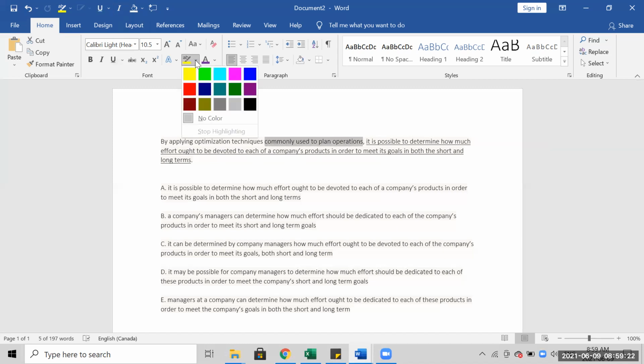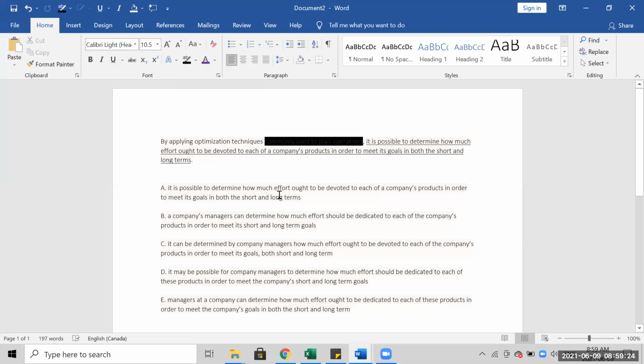So this is a modifier. It is possible by applying this to determine how much effort. Where is the difference though? A company's managers. This is probably a dummy pronoun.